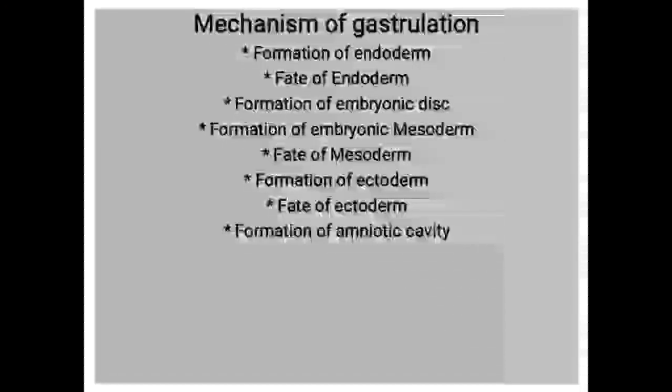So, in this way, we see that there is formation of three germ layers, and these germ layers are destined to form different structural organs of the future fetus. We can summarize it in the following way. We can name the structures formed by ectoderm such as epidermis, epidermal glands, hair, conjunctiva, and lens.